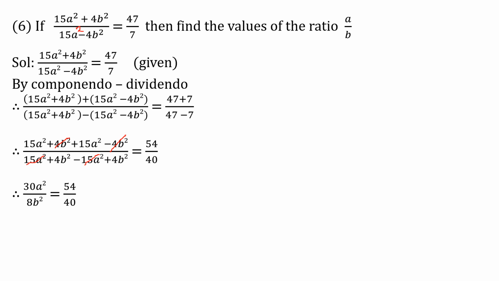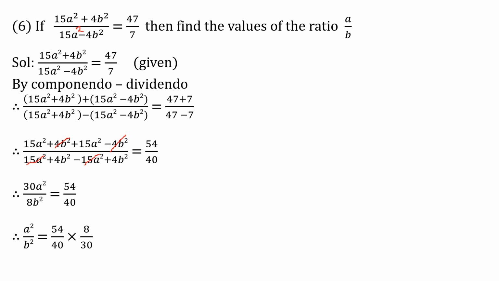Now I'll bring this 30 and 8 to the right hand side, that is 30 upon 8 to the right hand side. So it will become, therefore a square upon b square equal to 54 upon 40 into 8 upon 30. Now students, we can cancel the terms.